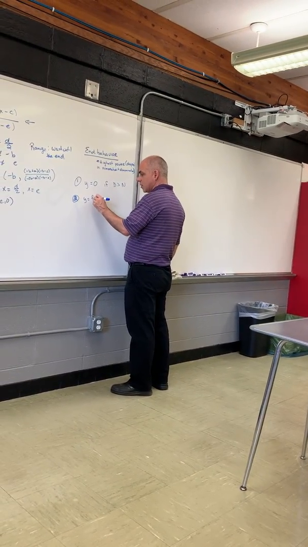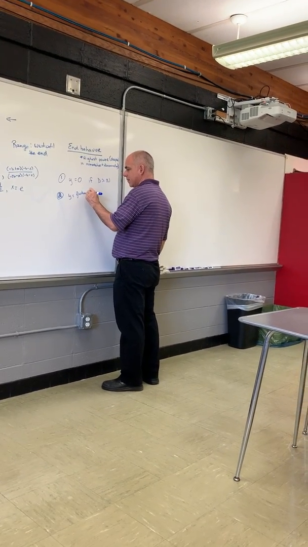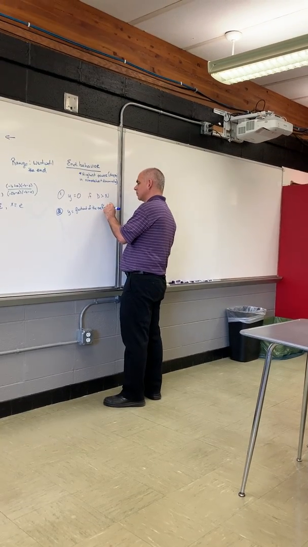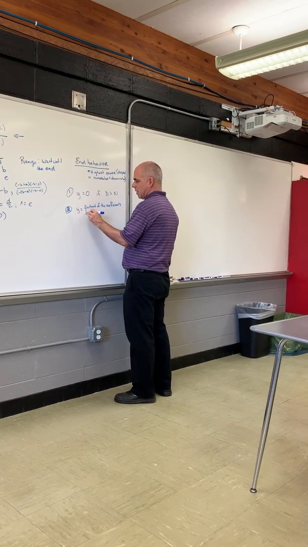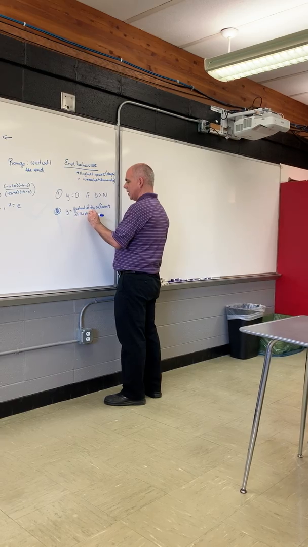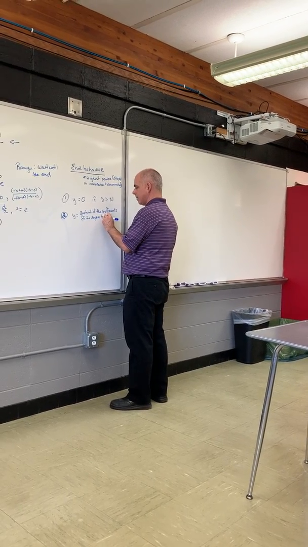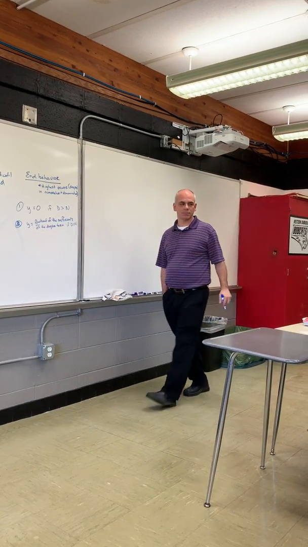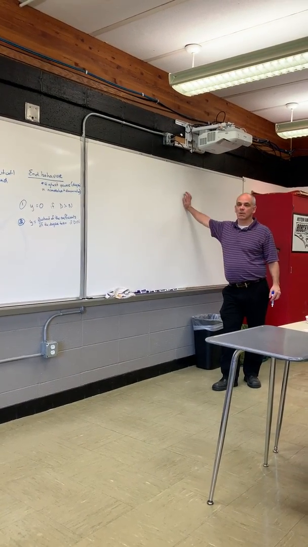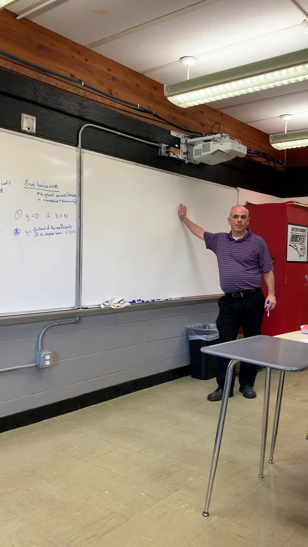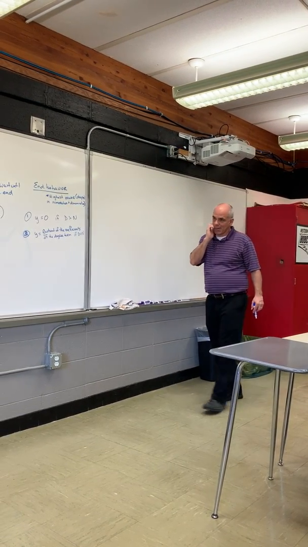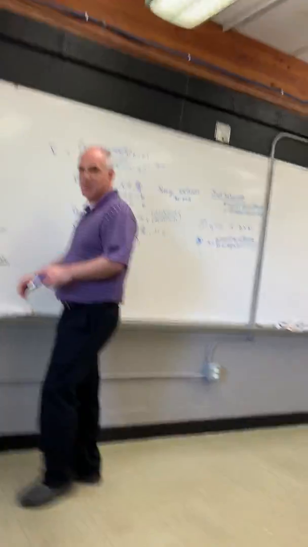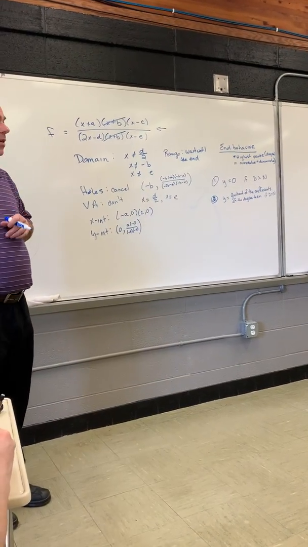Y equals the quotient of the coefficients of the degree term if they're the same. My degree term, or my highest power term, is going to be when I multiply the x's together.